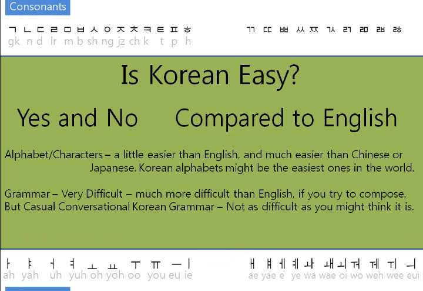English alphabets are pretty easy, but Korean is not that difficult at all. For someone who does not know English or Korean, they would choose Korean alphabets as easier, especially the vowels. And if you compare it to Chinese or Japanese, it's much easier.